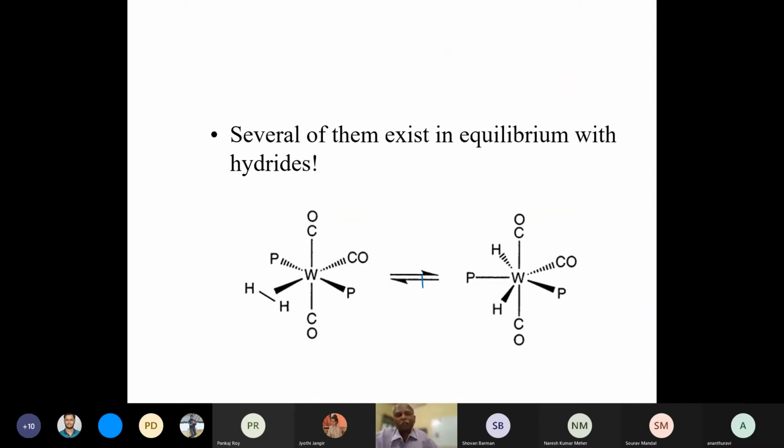In fact, it is now known that several of them are almost in equilibrium, including this complex. The two systems can be in equilibrium. This is a major complication because that's one of the ways by which the dihydrogen signal would be weakened. So you would not see the signal.